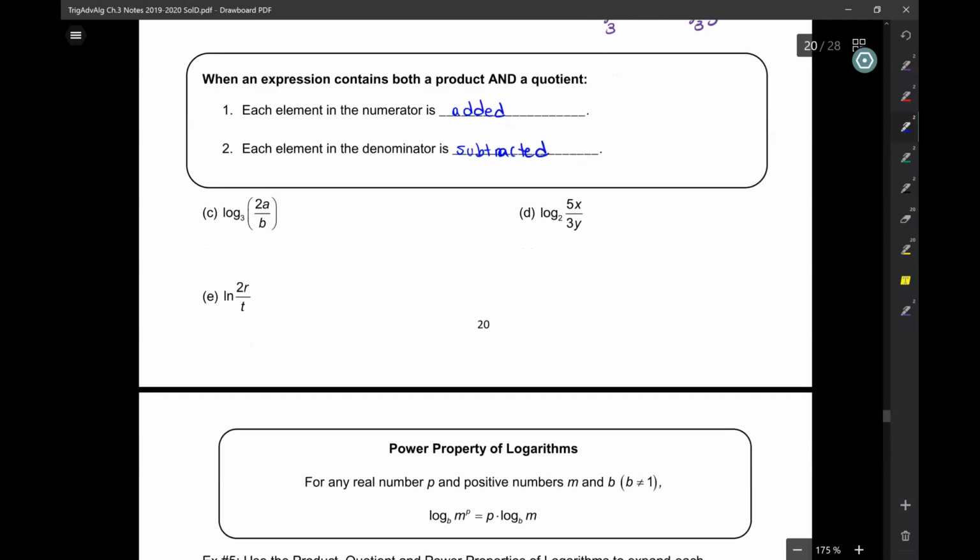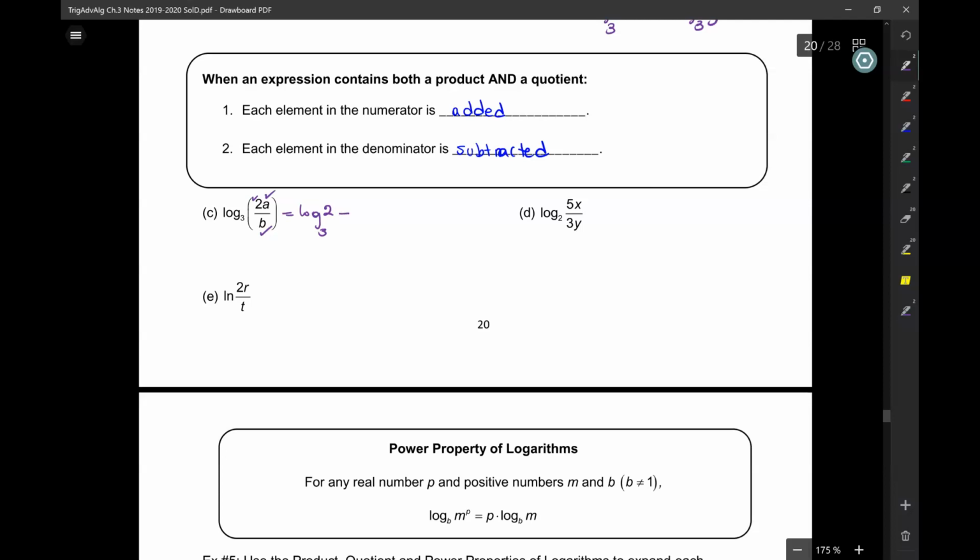Okay, so look at this one now. How many elements total do I have? 1, 2, 3. Okay? Now, the ones on top are going to be plus, plus. The ones in the denominator, minus. So, I do log 3. Start with the first one on top, 2.